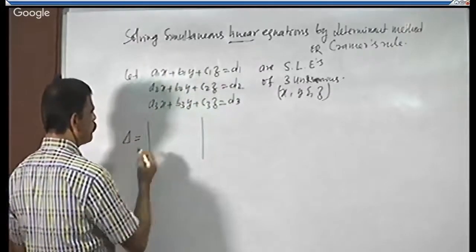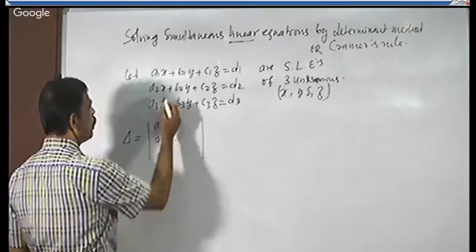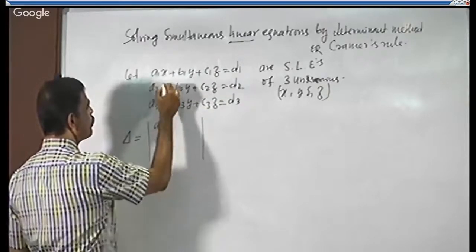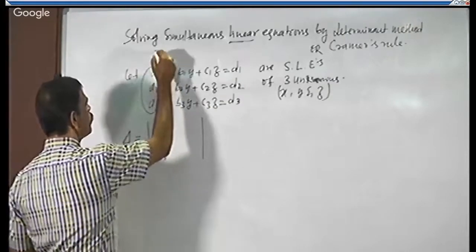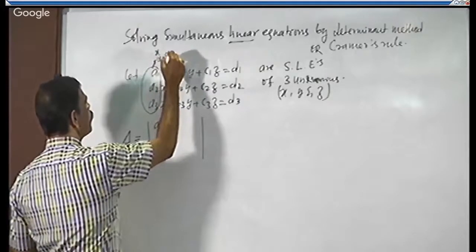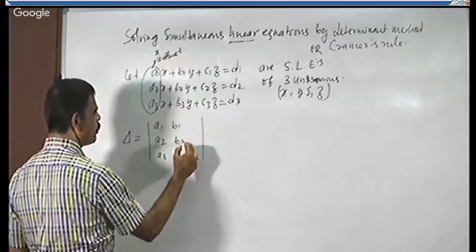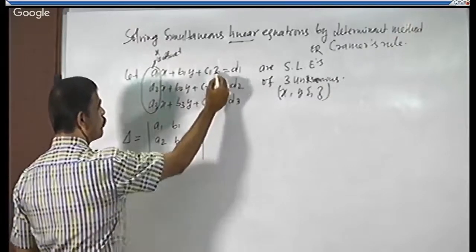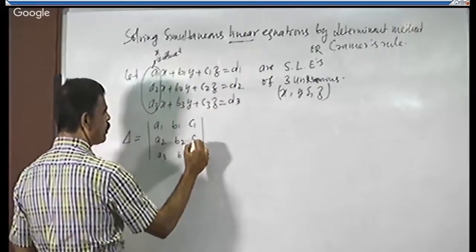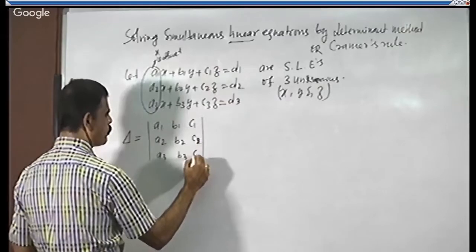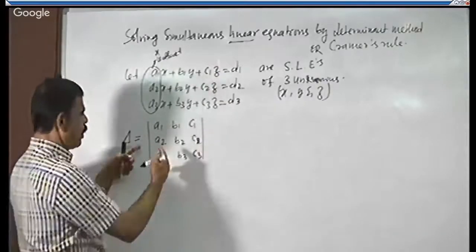First column, we have to write what? A1, A2, A3. A1, A2, A3 are first unknown's coefficients. They are the x coefficients. Second column is y coefficients, B1, B2, B3. Z coefficient, which is third unknown, whose coefficients are taken at third column. C1, C2, C3.